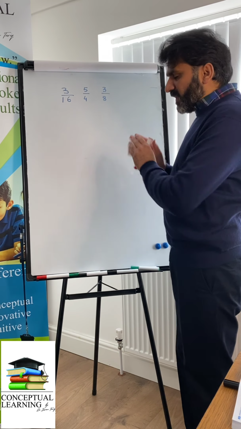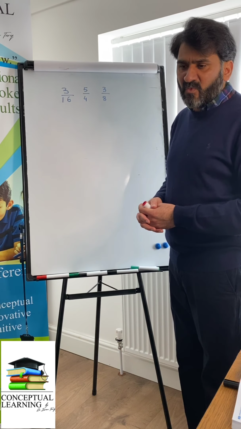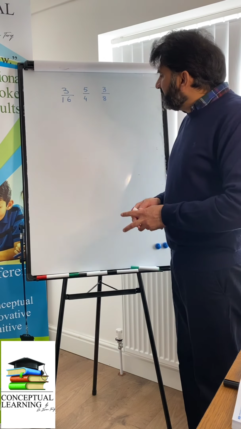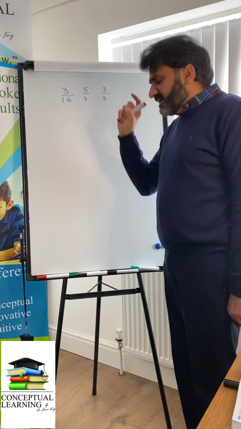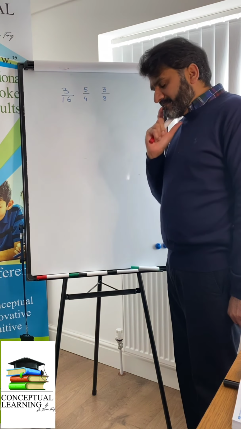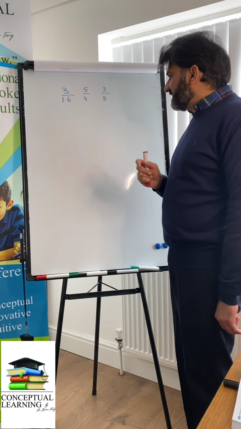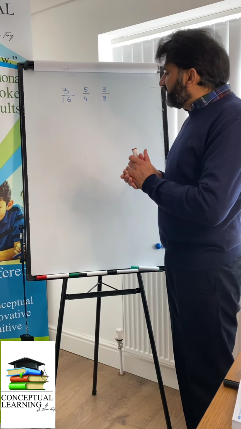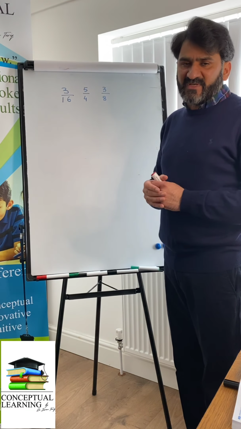So we learn two ways: one is the basic method and the other is the advanced, more conceptual way of learning. We start from the basic one. The first denominator is 16, the second is 4, the third is 8. We try to find the factors. If you read the table of 4, 4 goes easily into 16, 4 times 4 is 16.